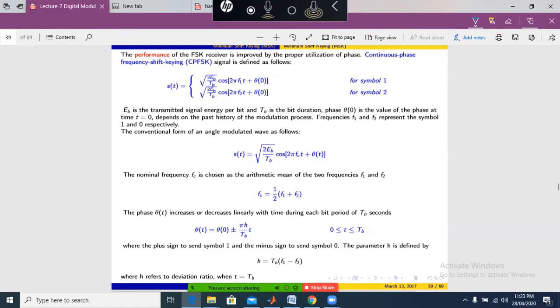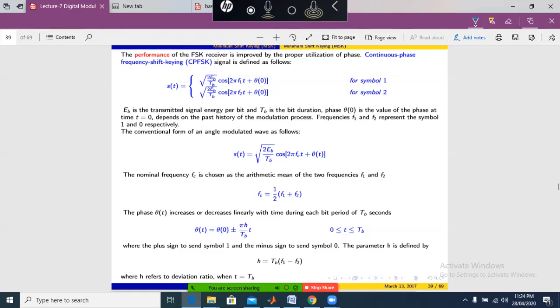So initially we consider that this is theta of 0. So the conventional form of the angle modulated wave is like this, that we have cos 2 pi fct plus theta of t, where fc is in fact the arithmetic mean of the two frequencies f1 and f2 used here.